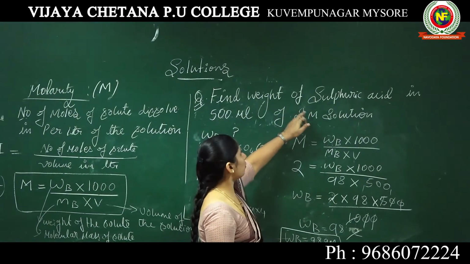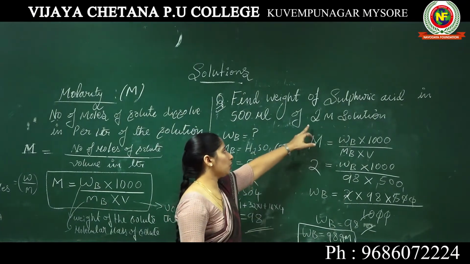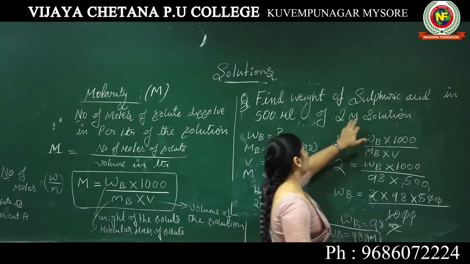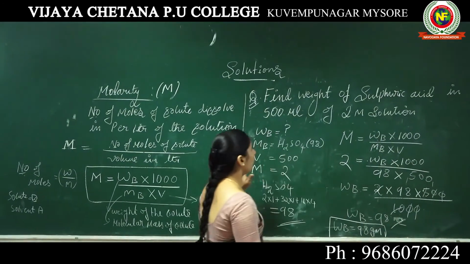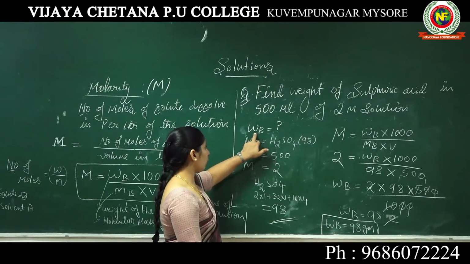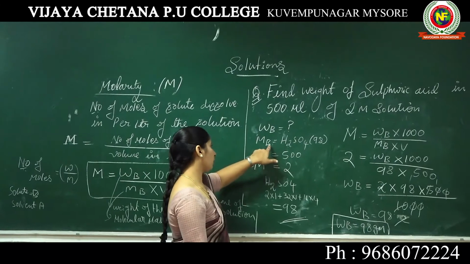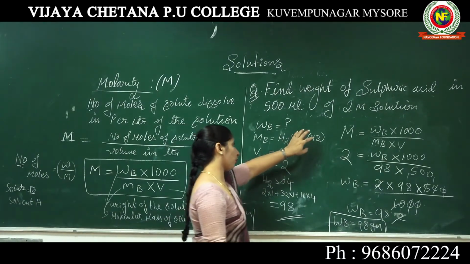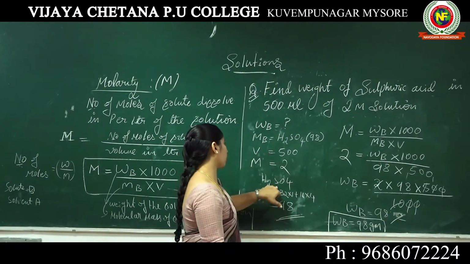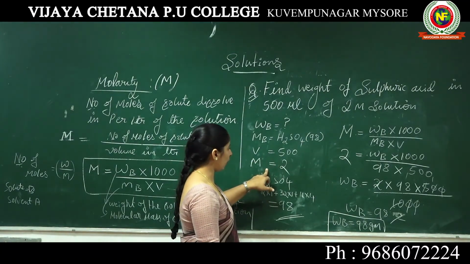Find the weight of sulfuric acid in 500 ml of 2M solution. Here we don't know the weight of this sulfuric acid. MB is nothing but the molecular mass of H2SO4. They already gave the volume and the molarity.